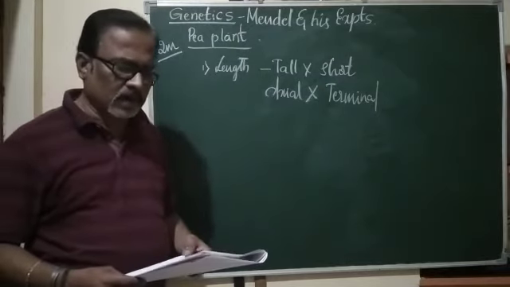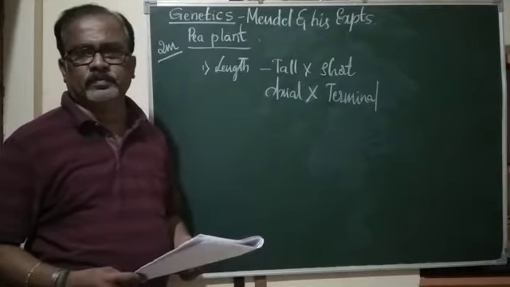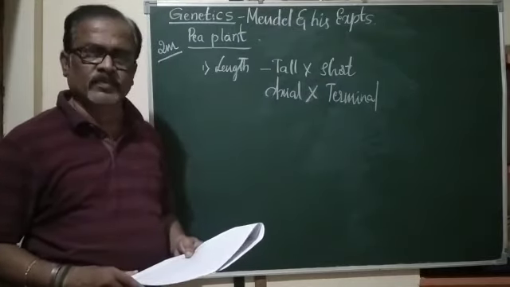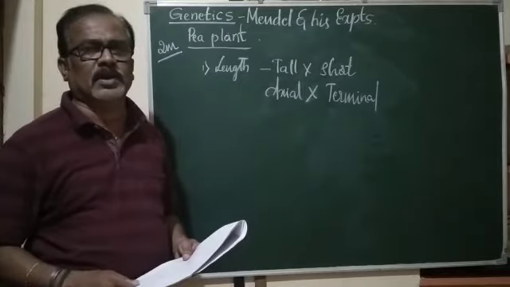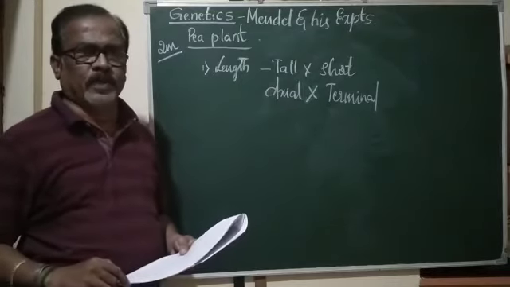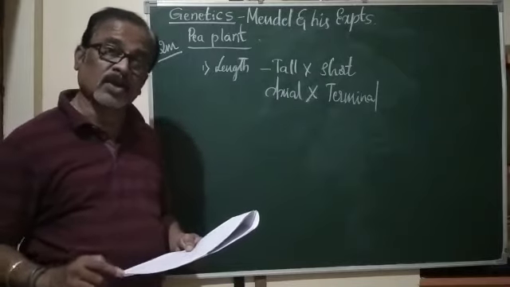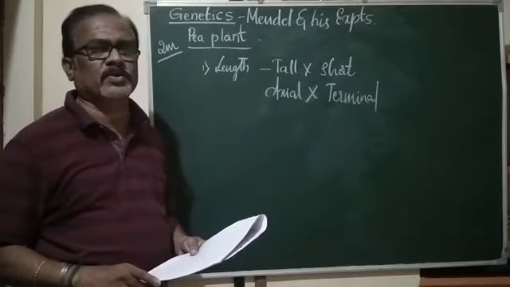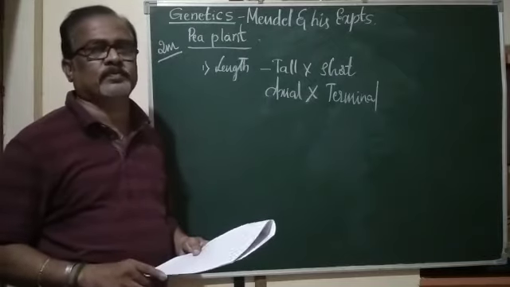Then color of seed coat, gray is dominant, white is recessive. Shape of the seed, round is dominant, wrinkled is recessive. And color of the seed, yellow is dominant, green is recessive.